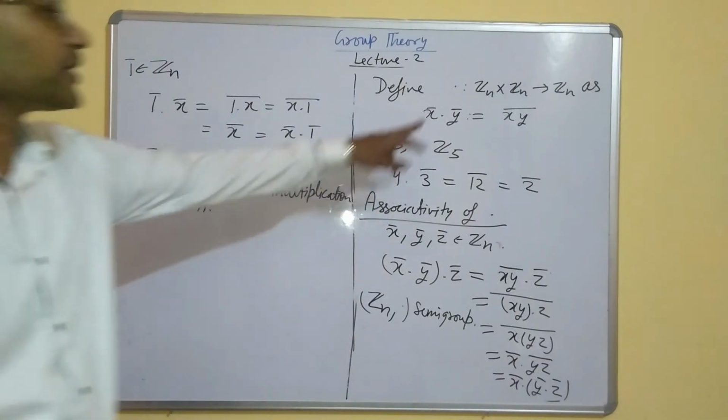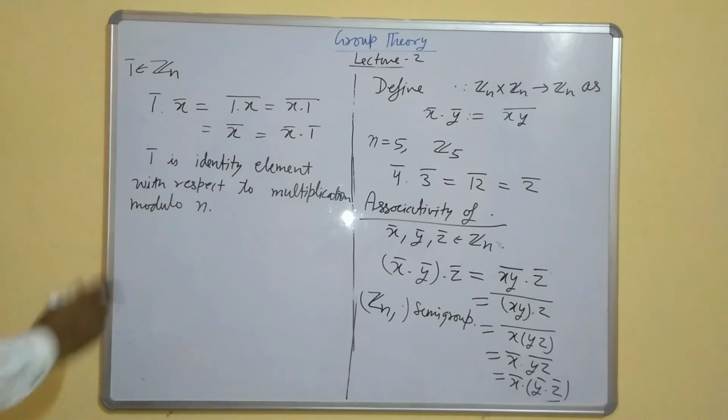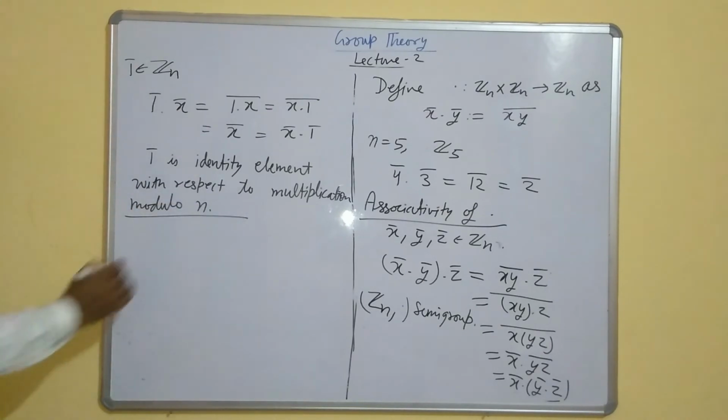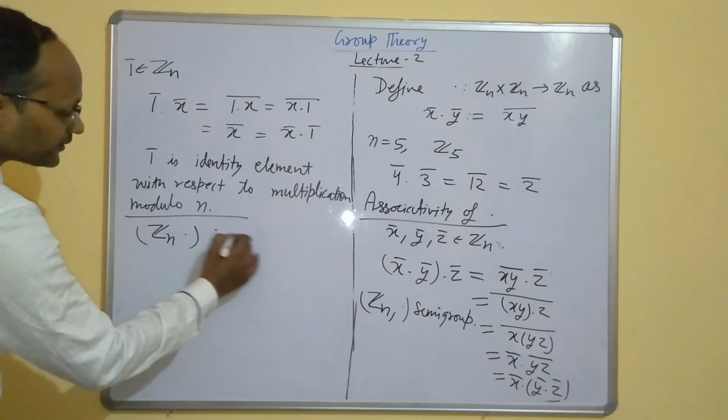So this dot is called multiplication modulo n, and 1 bar will work as the identity element for this multiplication modulo n. Now this means that Zn with dot is a monoid.